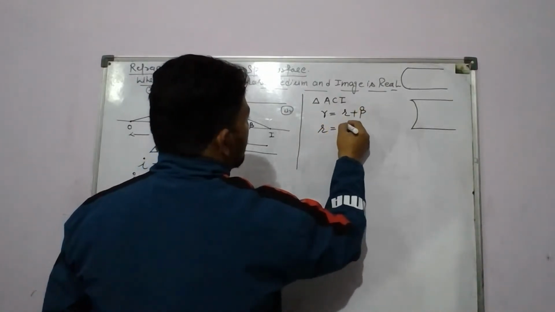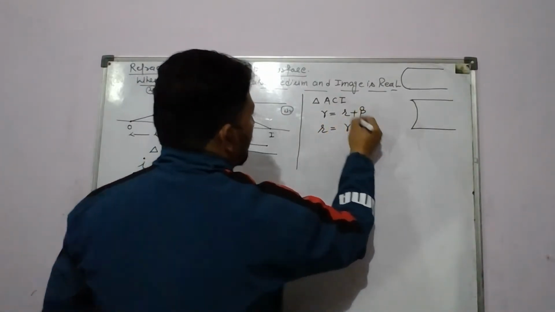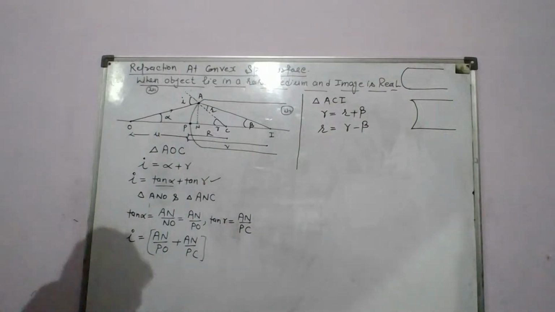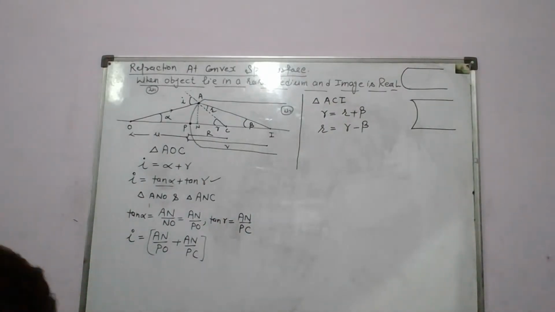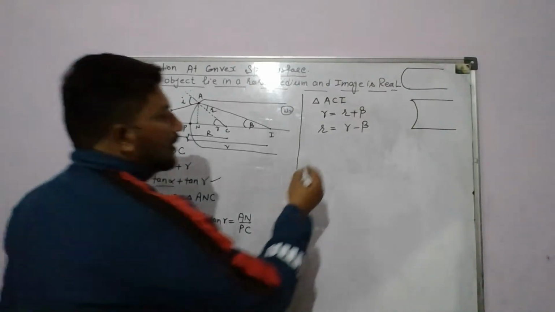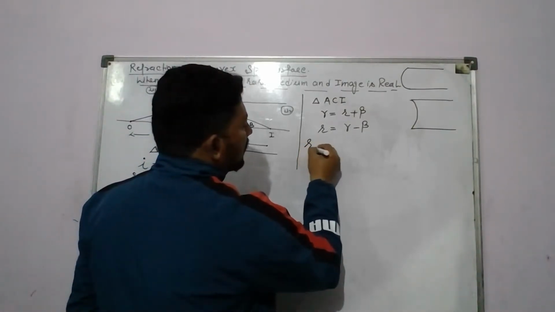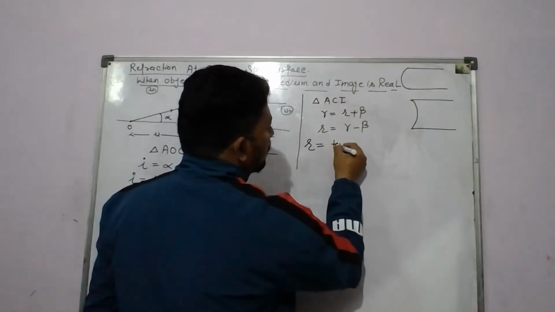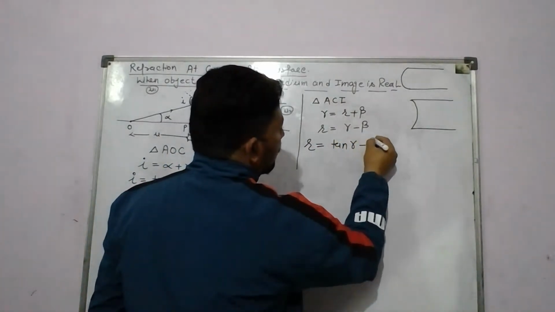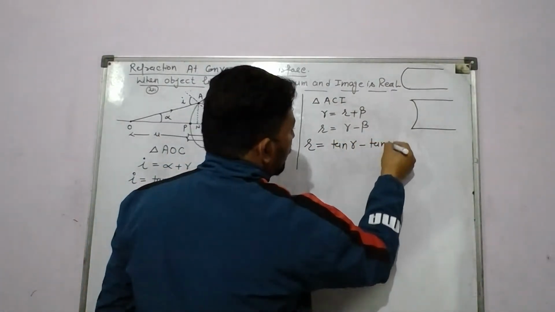So R is equal to gamma minus beta. Again taking the tangent, R is equal to tan gamma minus tan beta.